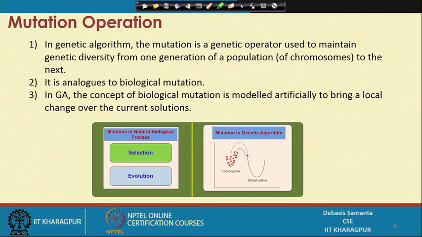The mutation operation is very similar to biological mutation, where there are all of a sudden changes in the gene.